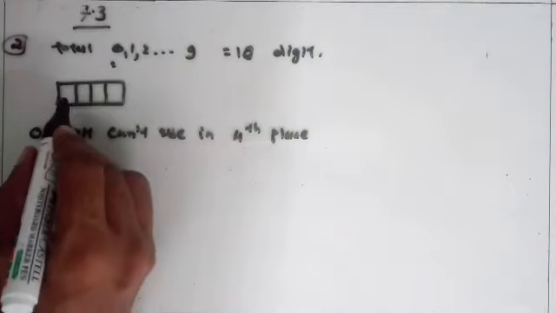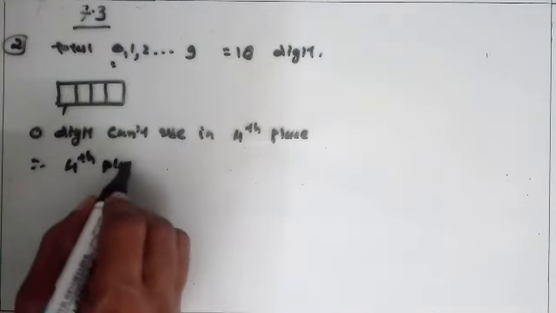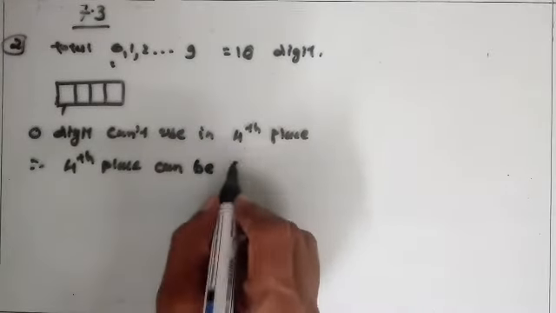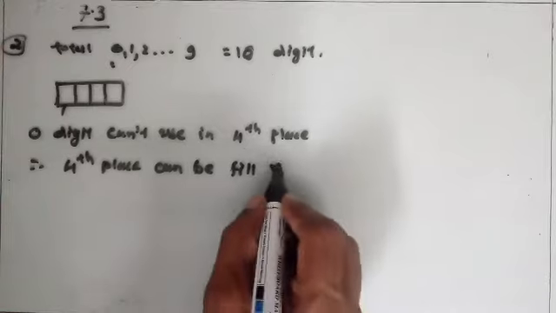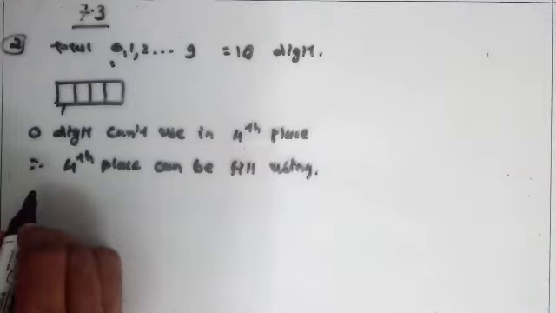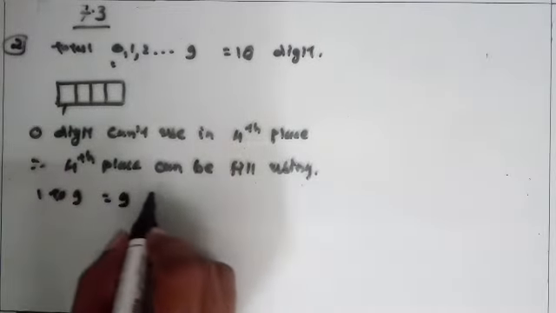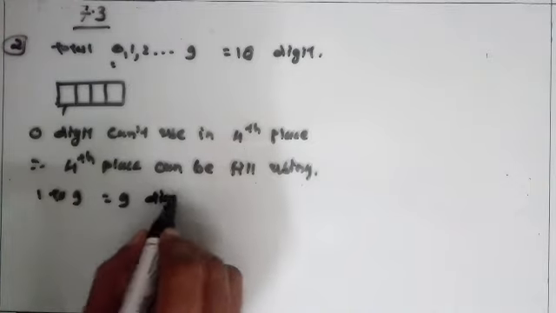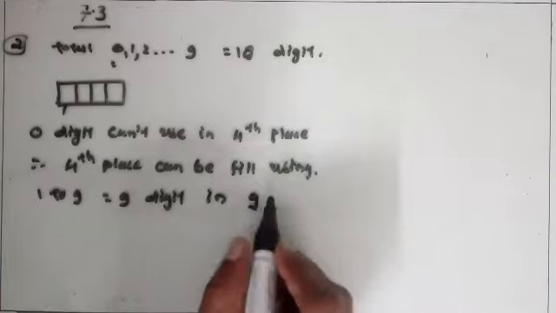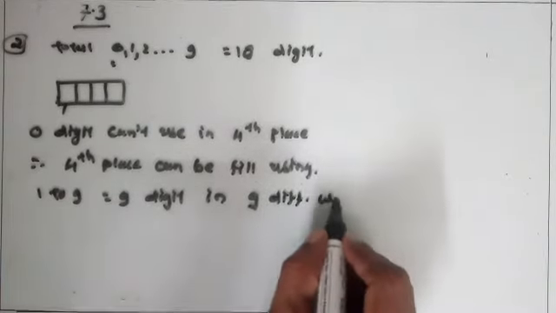Therefore the 4th place can be filled using 1 to 9, which is 9 digits, in 9 different ways. Clear?